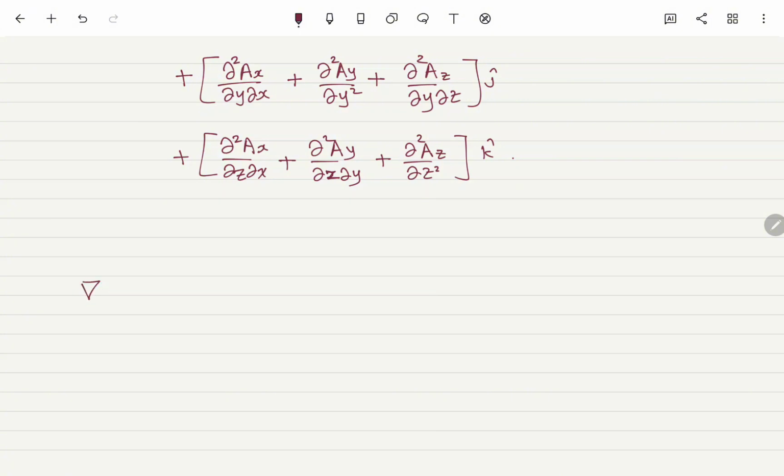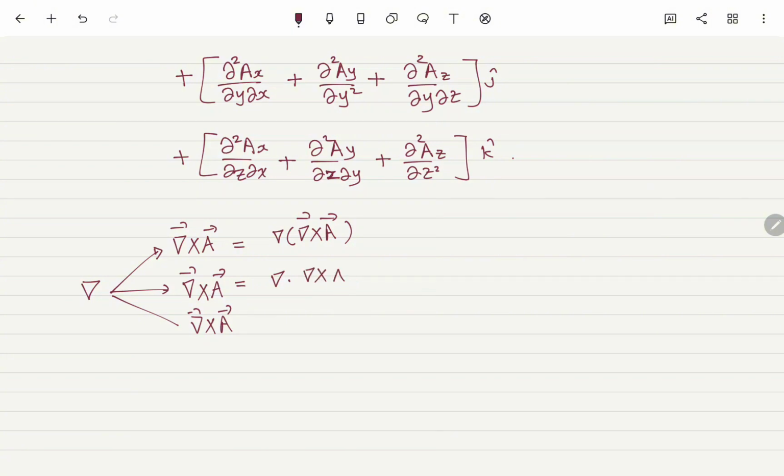So a del operator might apply on curl A directly, like this one here, or it might be applied as a divergence of a curl like this one here, or might be applied as a curl of curl A. Now let's discuss the three possible cases here.